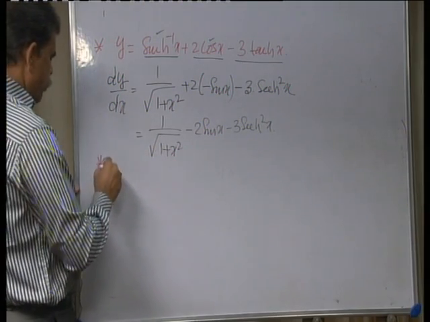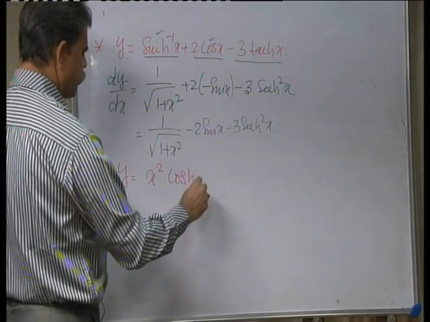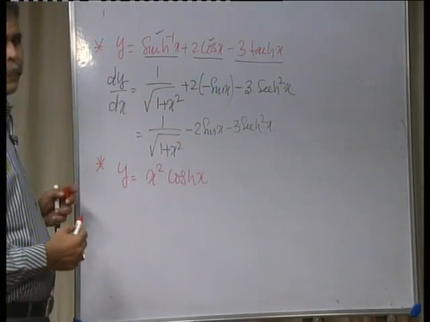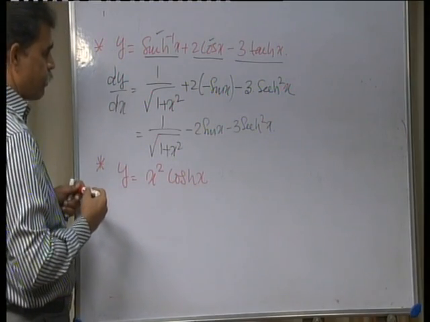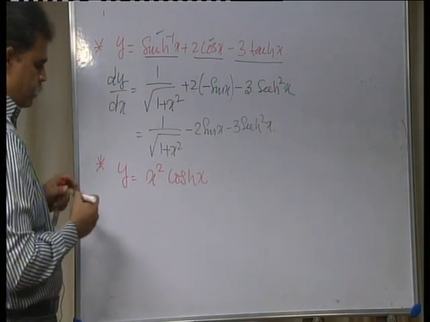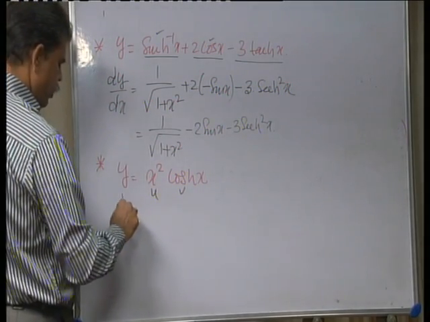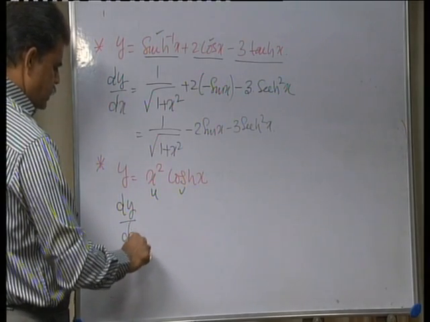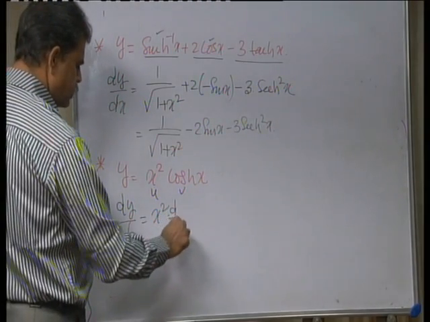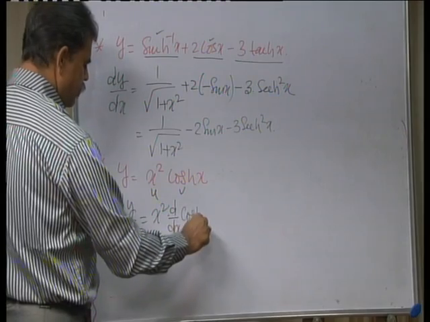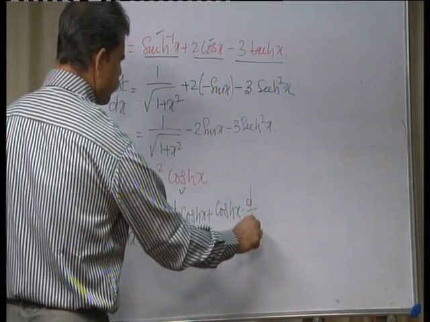Take another example, y is equal to x square into cosh x. Basically, I take it as a product of two functions, then differentiation of this is what? We have to use the product rule. dy divided by dx is equal to, keep x square as it is, differentiate cosh x, plus write cosh x as it is, differentiation of x square.